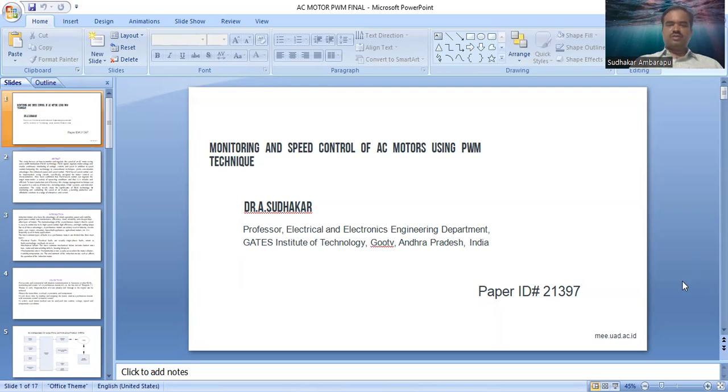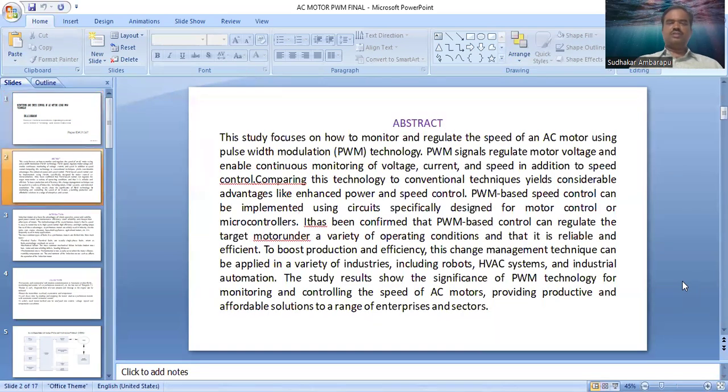So coming to the presentation, the abstract of the paper is, we all know that AC motors have a wide range of applications, especially induction motors compared to synchronous motors. The majority of home appliances and industrial applications use induction motors.